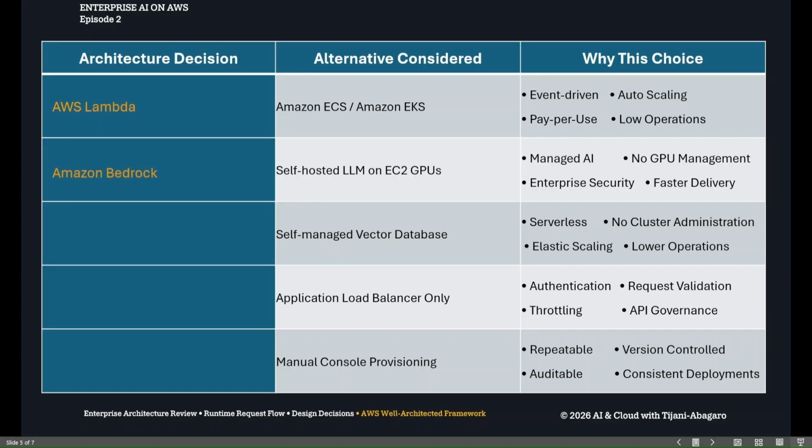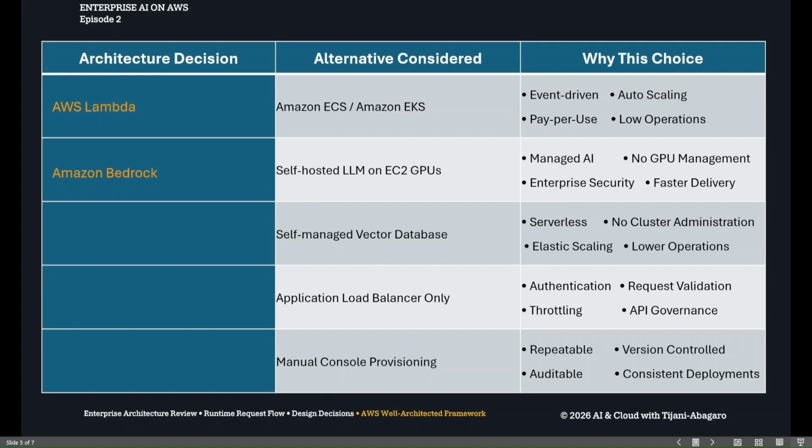For the AI interface, I selected Amazon Bedrock. Instead of hosting foundation models on GPU-based EC2 instances, this removed the complexity of GPU provisioning, model hosting, and infrastructure management, allowing the team to focus on delivering business value.